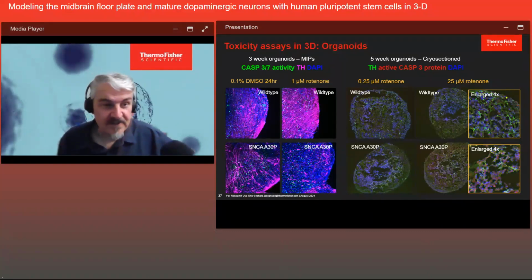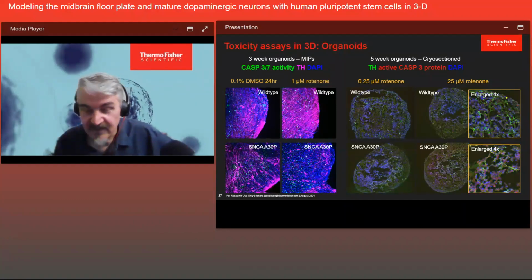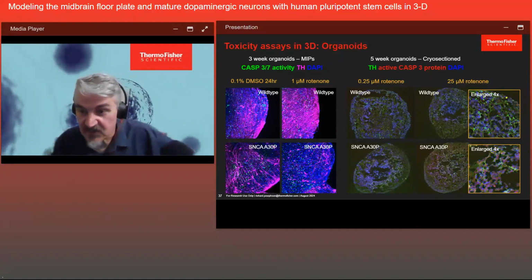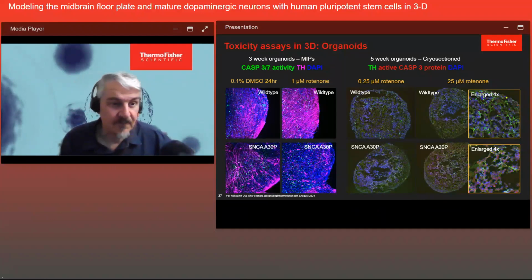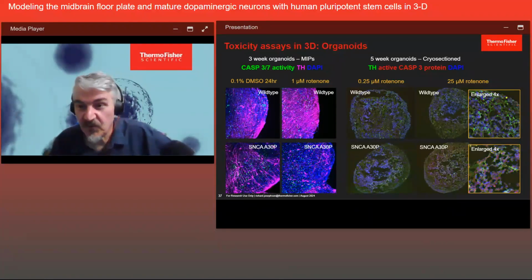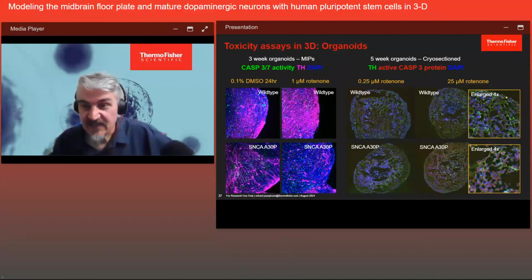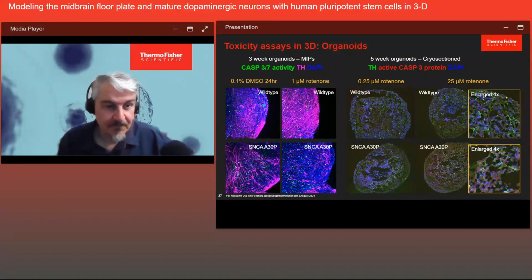And in these cryosections, we could see that when given the higher rotenone dose, the 25 micromolar at the far right of the slide, the SNCA mutant TH positive neurons that appear in green at the lower right are associated with activated caspase 3, which shows up as the red staining in that image. Whereas the wild type organoid shows much less activated caspase associated with those green TH positive neurons.